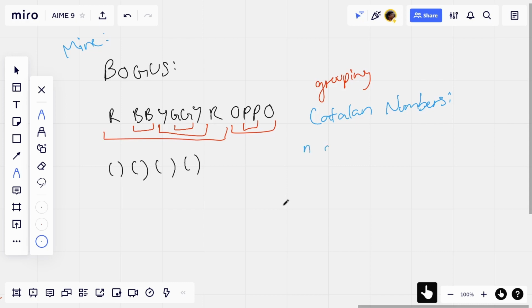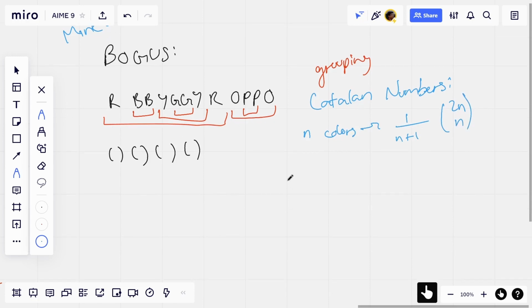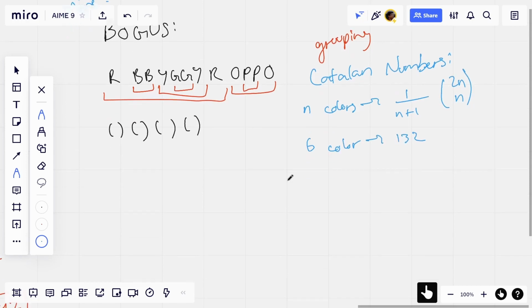Whatever n number of colors we have, the number of arrangements will be 1 over n plus 1 times 2n choose n. And for 6 colors, this turns out to be 132, which is a far cry from the actual answer, which is, I believe, 720 arrangements, orderings of these colors, without taking into account color permutations.